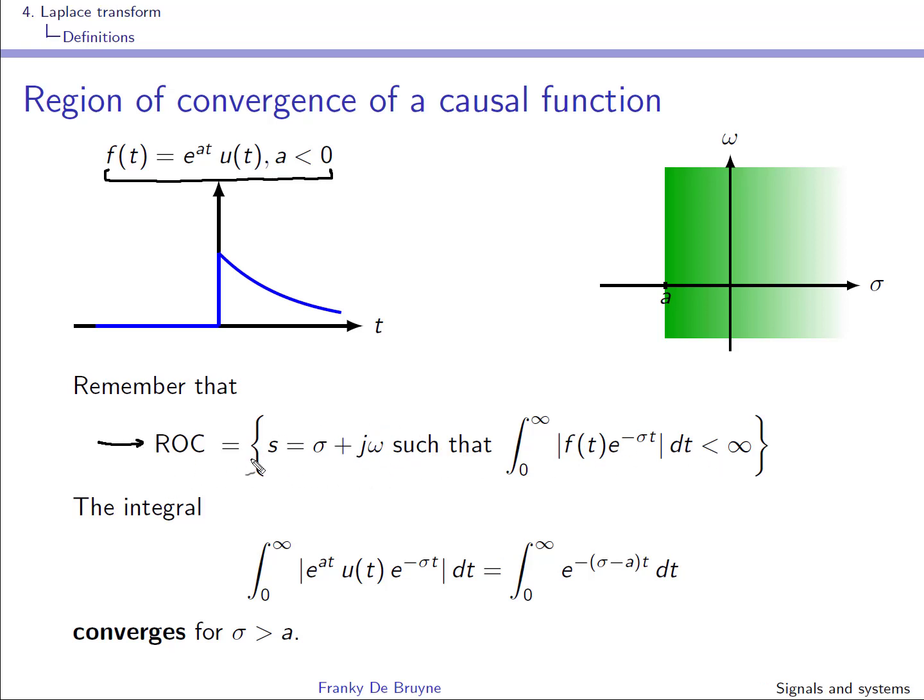It's a set of S such that this integral converges. So let's have a look at this integral. We can write it like this. So this is f of t. Since everything is positive over here, we can forget about the absolute values, and knowing the properties of the exponential, you can write it like this.